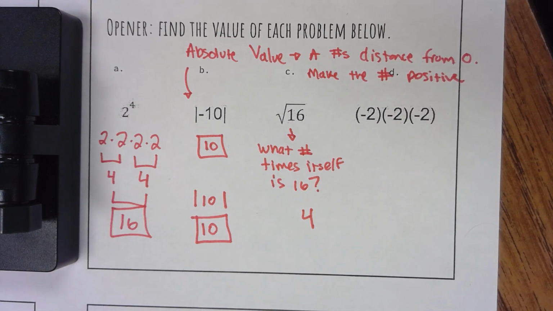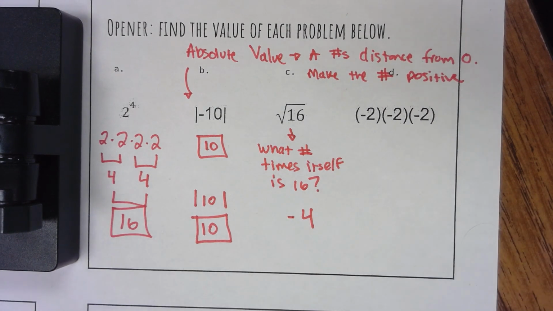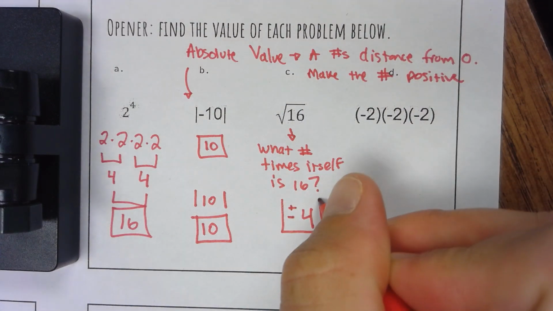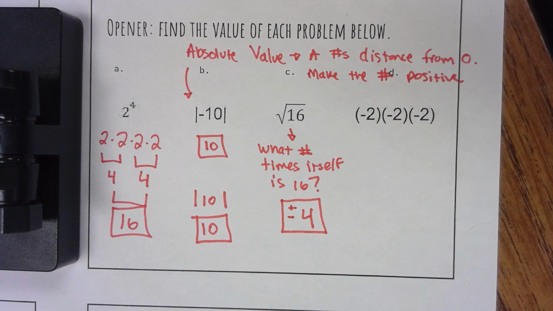But is there another number that times itself gives us a positive 16? What about negative 4 times negative 4? Does it equal 16? It sure does. So when we're taking square roots, technically there is a positive and negative number that makes that true.